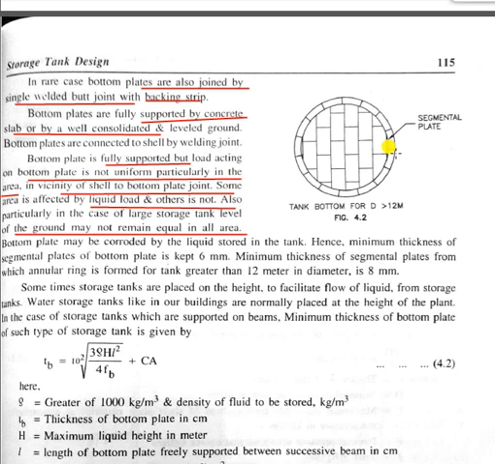So the minimum thickness of the segmental plates of the bottom plates is kept 6 mm.